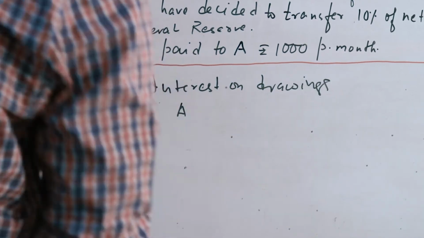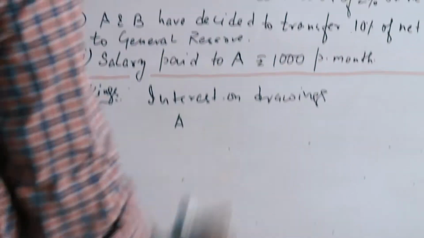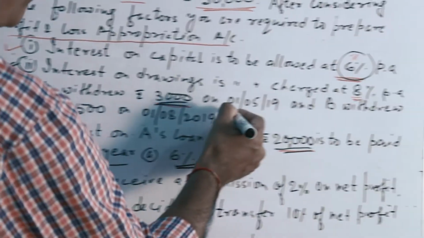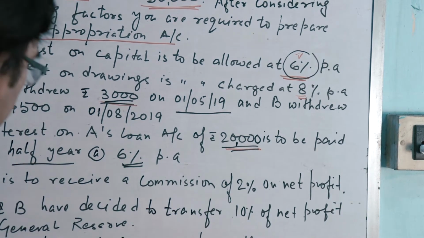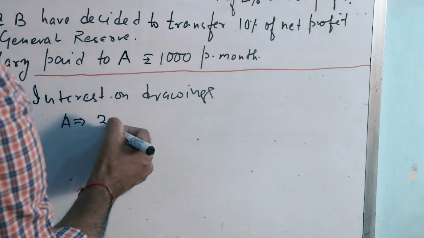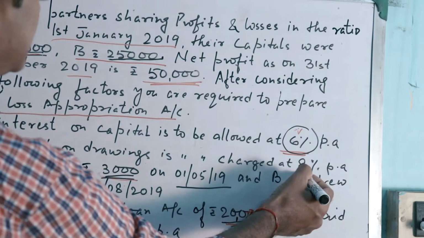A, कितना उठाया है? A has withdrawn 3,000 on 1st May 2019. So interest will be calculated on 3,000 at the rate of 8%.